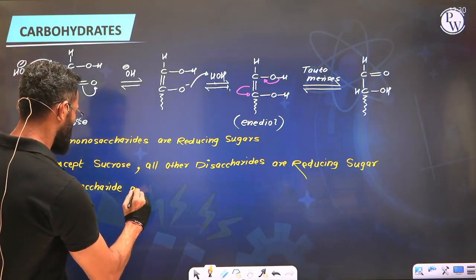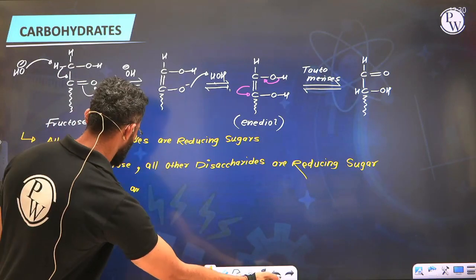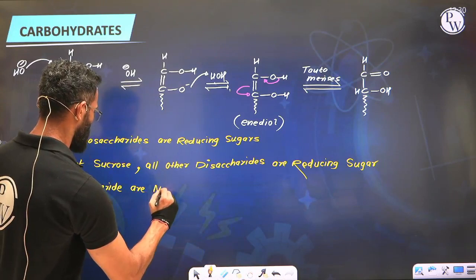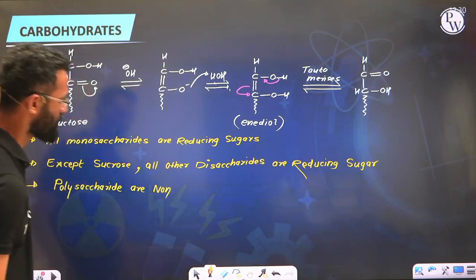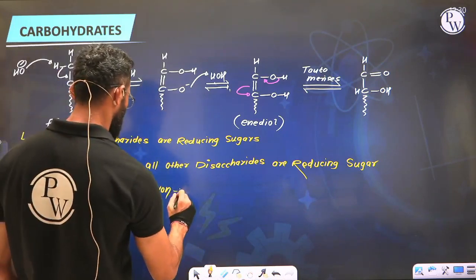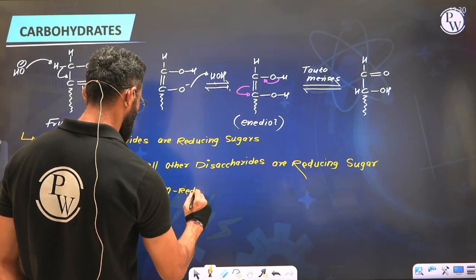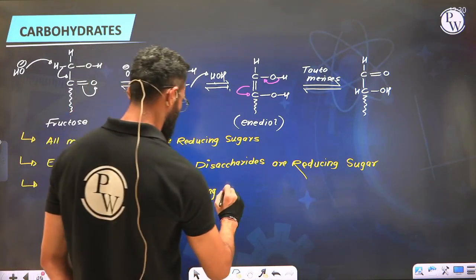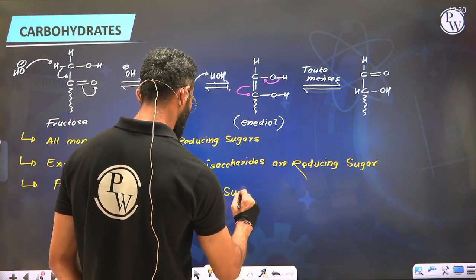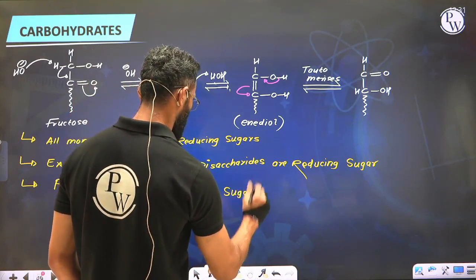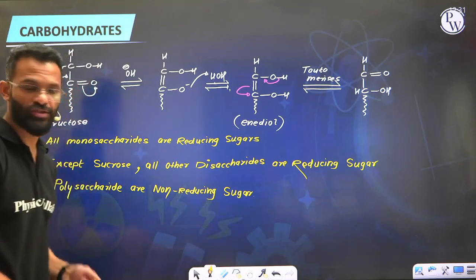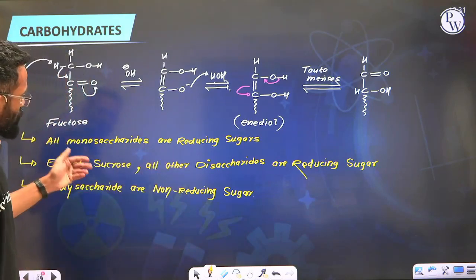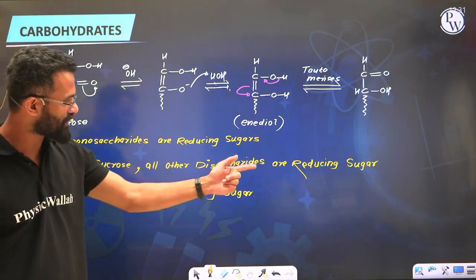Polysaccharides are non-reducing sugars. So everyone, this conclusion you can remember: all monosaccharides are reducing sugars, except sucrose all other disaccharides are reducing sugars, and polysaccharides are non-reducing.